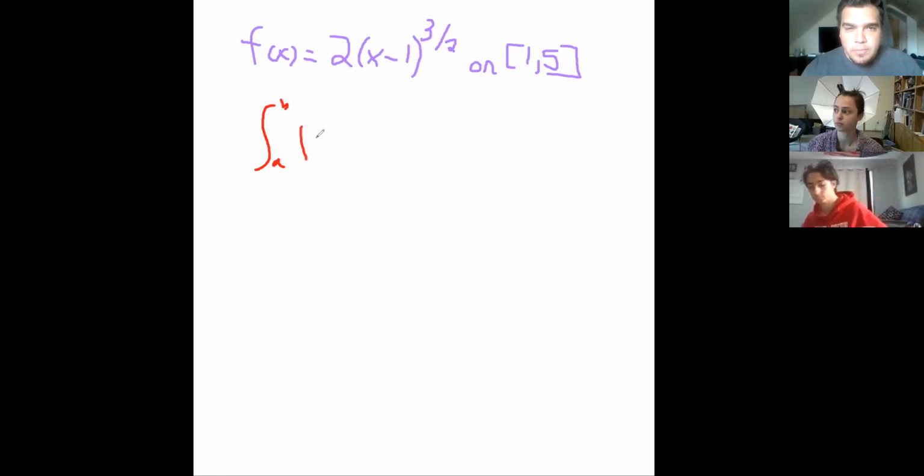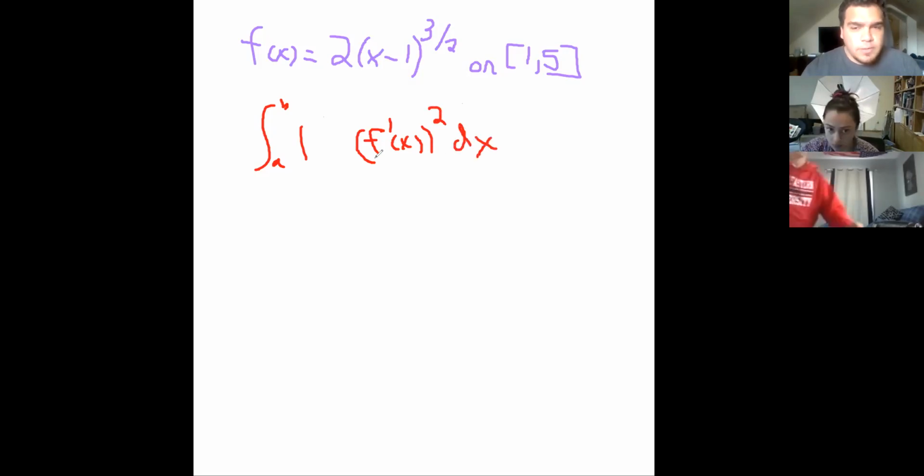The integral of 1, is it plus or minus? I gotta remember. But f prime of x squared, so whatever the derivative of this equation is, squared, dx. Okay, so that's the equation. I just gotta remember if it's a plus or minus.